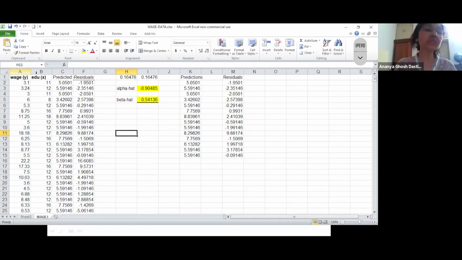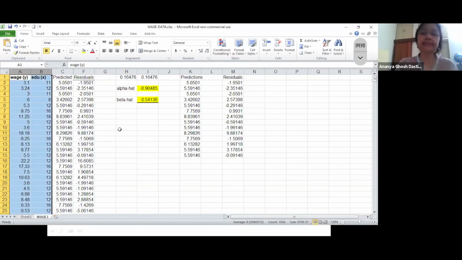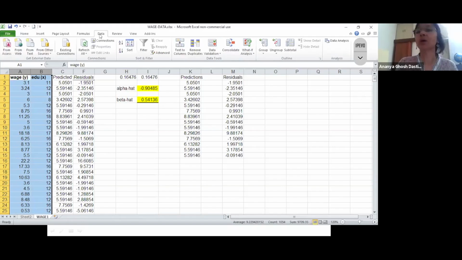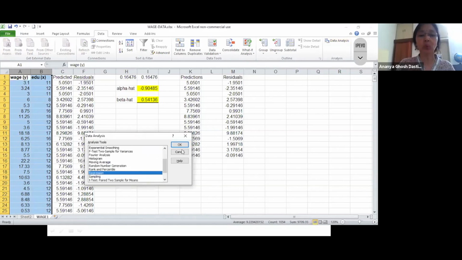So this was the data. And again, for a quick recall, we ran a regression using Excel. How did we do that? We went to data. From data, we picked data analysis, which opened this dialog box. And in that dialog box, we chose regression, which opened another dialog box.